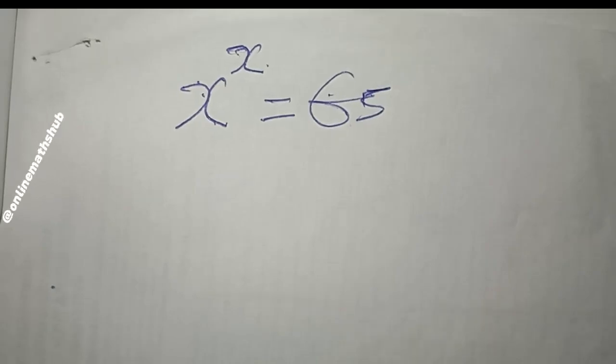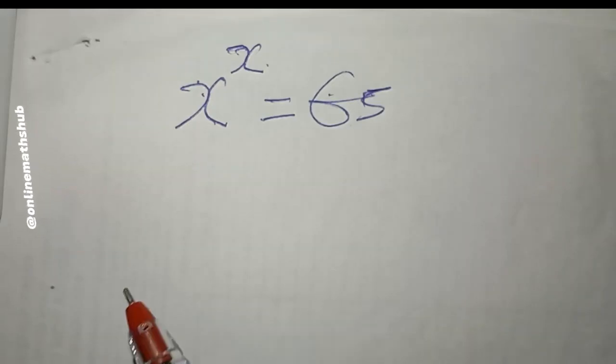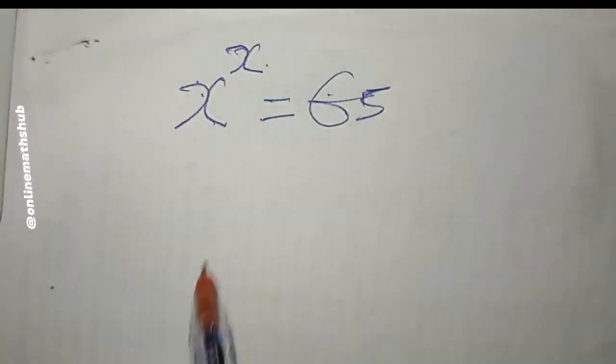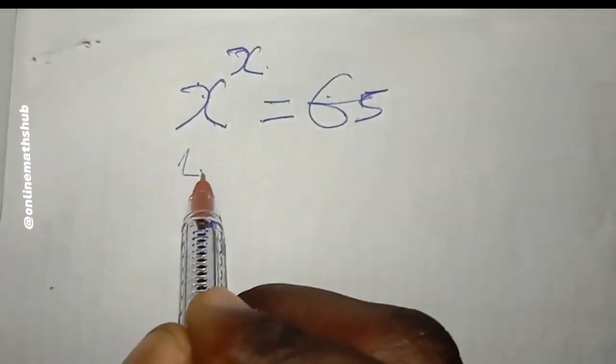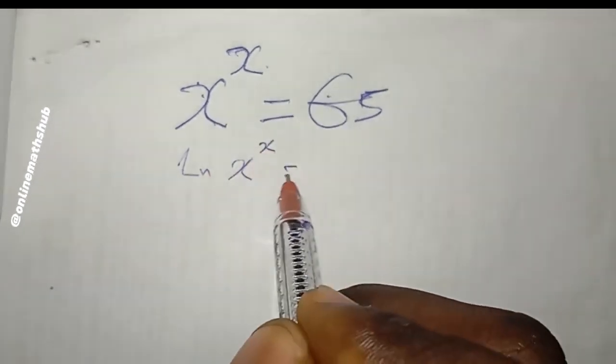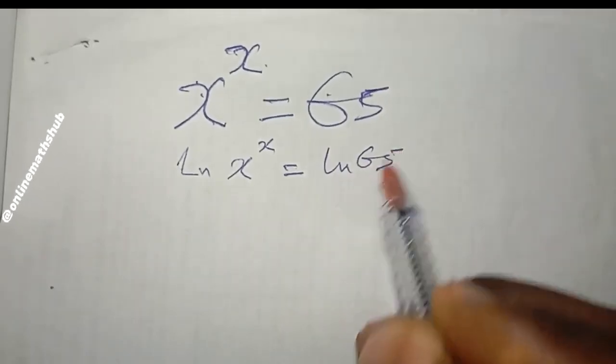Okay, so I'm just going to proceed. And looking at this equation, the most basic thing to do at this point is just to take the natural log of both sides so that I can actually bring down this x right here. So if I do that, I'm going to have natural log of x power x is equal to the natural log of 65.